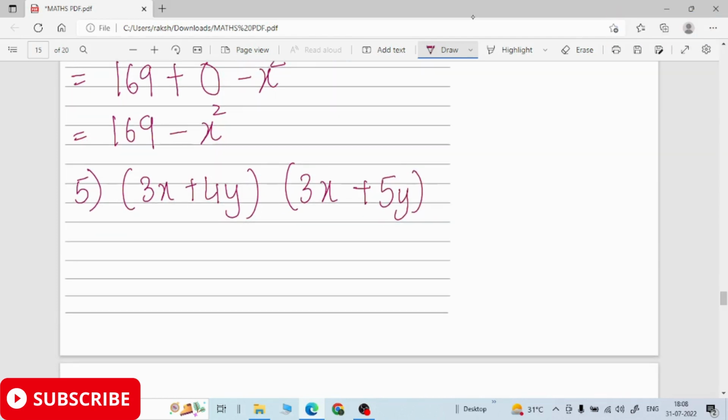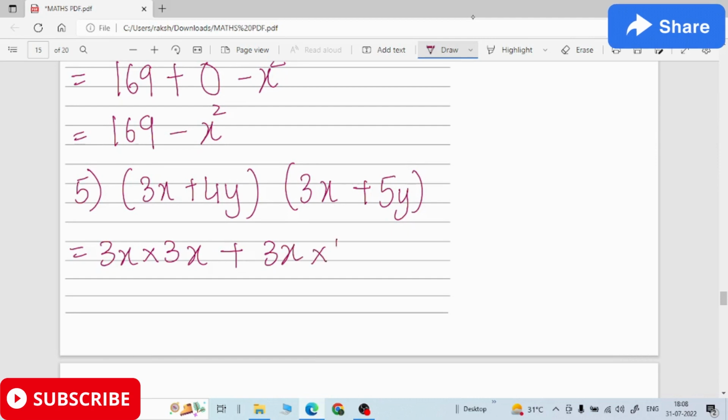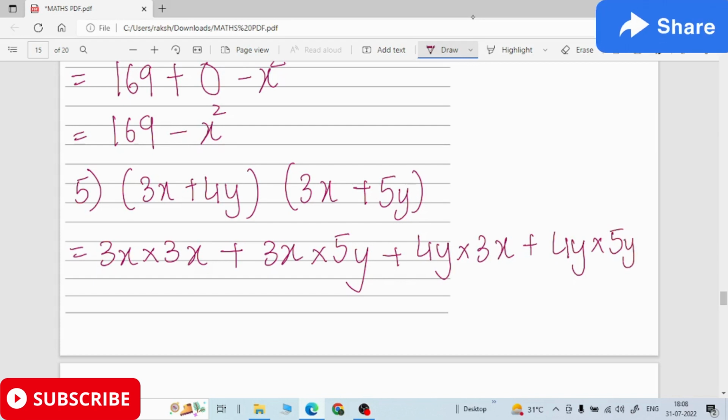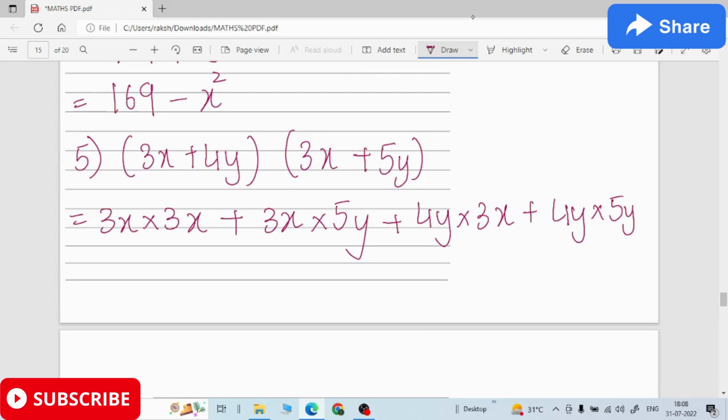That is 3x into 3x plus 3x into 5y plus 4y into 3x plus 4y into 5y. In this sum, both the numbers have their variable, that is in both the first form and second form, both the numbers have a variable.